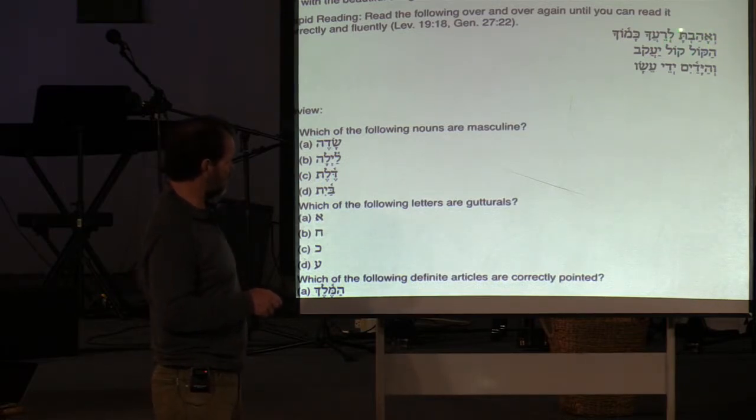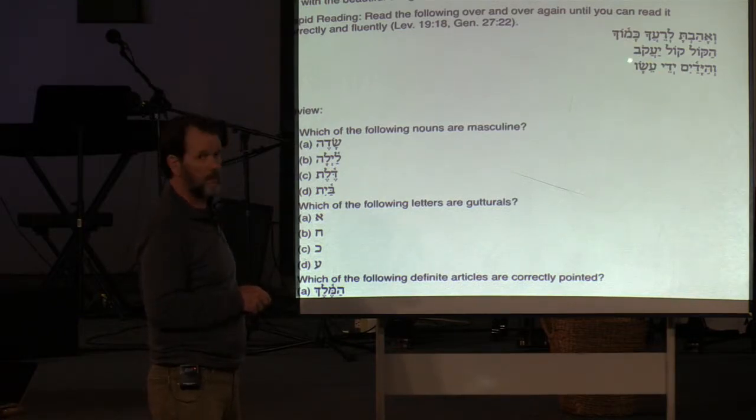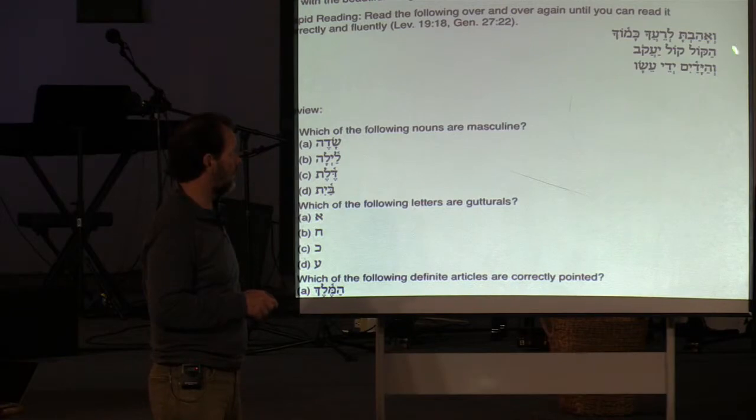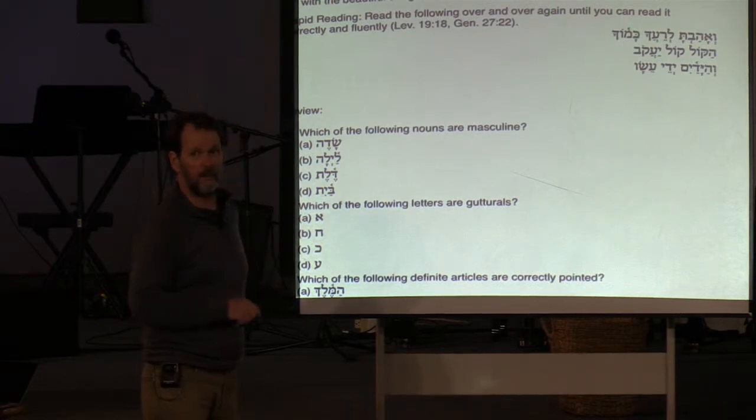Ve'ahavta le re'acha kamucha. If it was a schwa, it'd be kamuk. Kamucha. Le re'acha. Ve'ahavta. Ve'ahavta le re'acha kamucha.